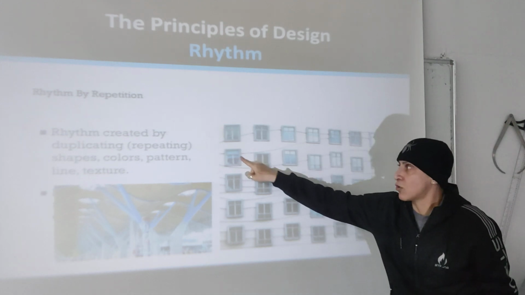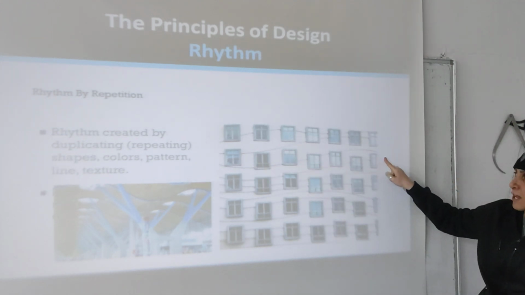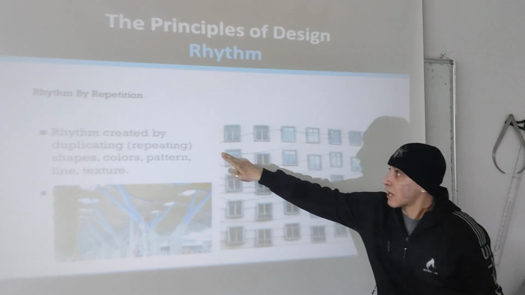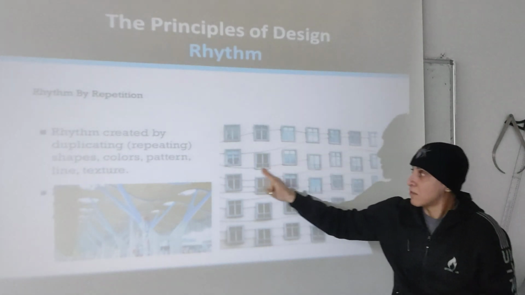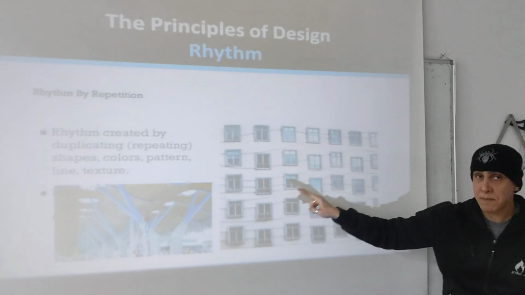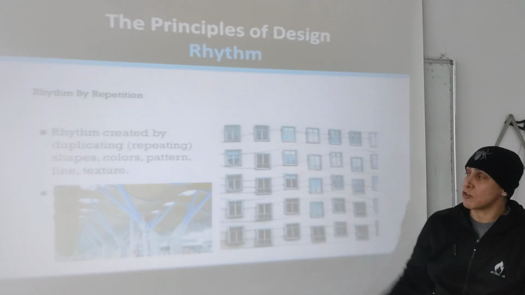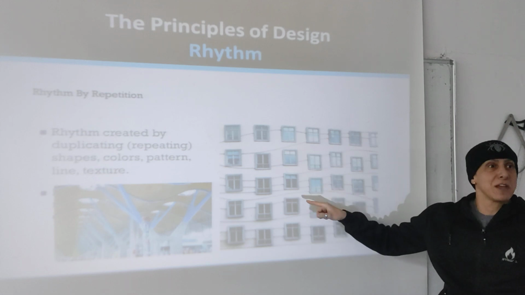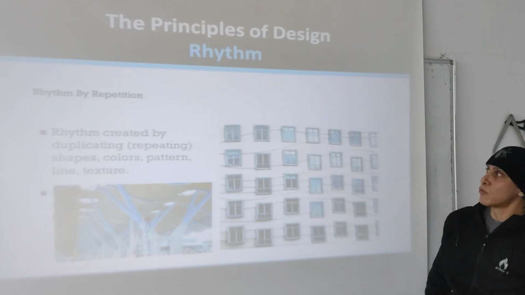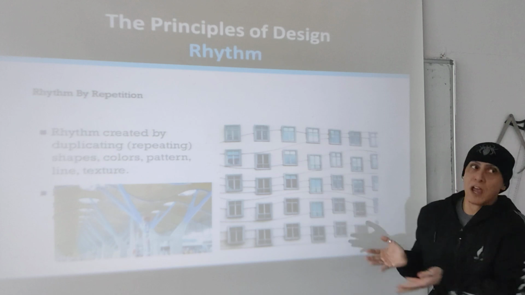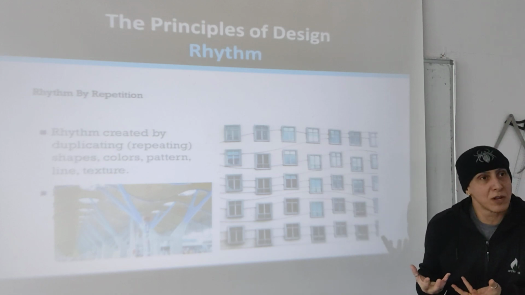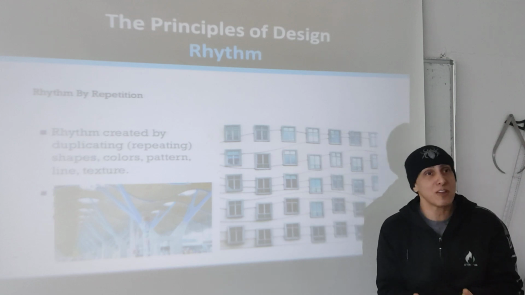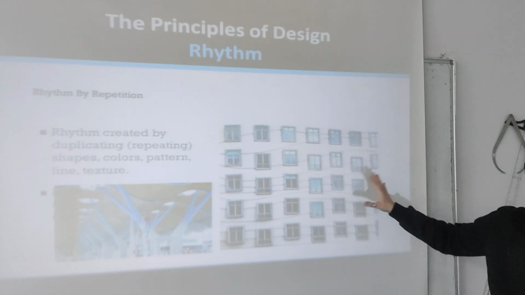But it's the same shape repeated. We can see these lines here. They're also repeated. Repetition of lines, repetition of shapes, and repetition of color. We can even see color being repeated, the same color. So, do we have rhythm here? Yes. There is a type of rhythm. Whether it's a nice visual rhythm or ugly visual rhythm, that's a different story. But do we have a rhythm? Yes.